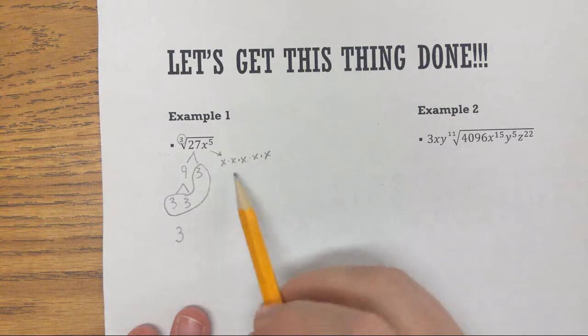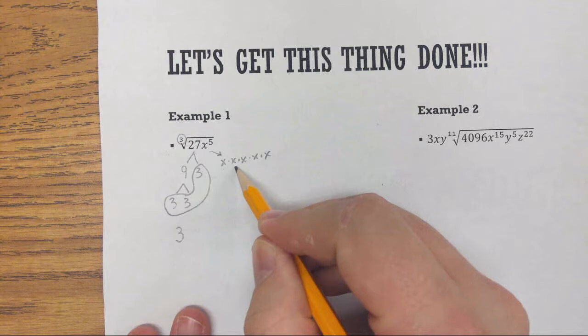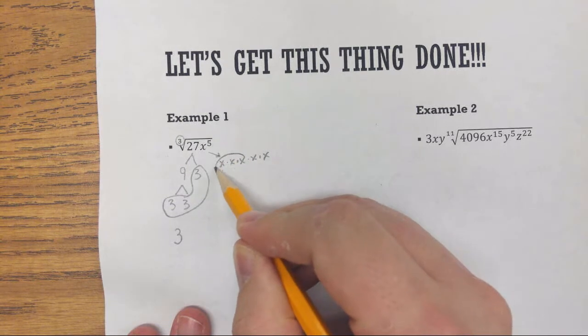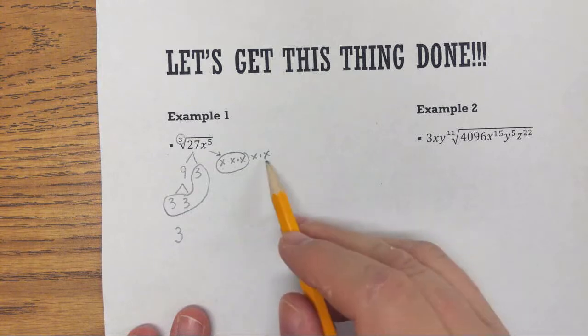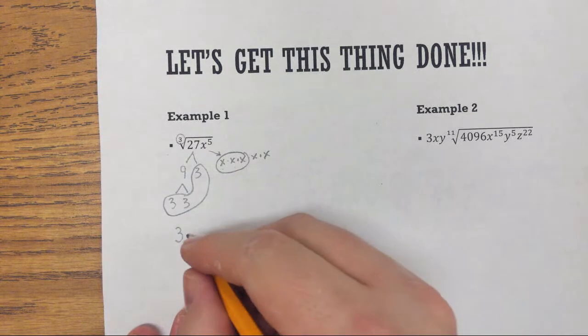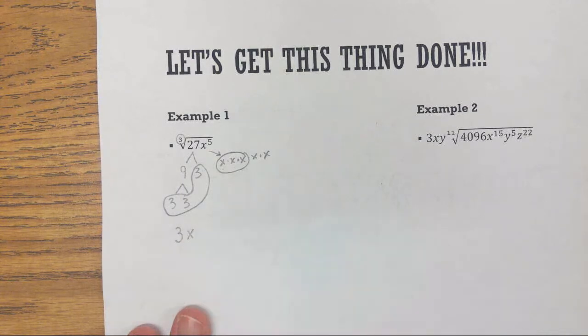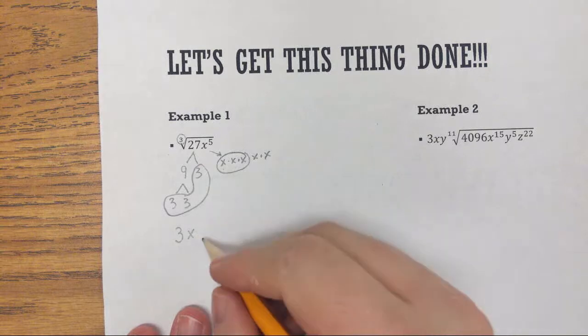The x to the 5th has 5 x's. Inside of those 5 x's, I've got 1 3 of a kind. I don't have 2 3 of a kinds because I have 2 left. I just have the 1 3 of a kind. So I'm going to take 1 x out. Now I've dealt with all that.